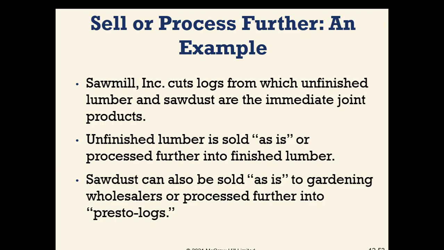For example, Sawmill Inc. cuts logs from which unfinished lumber and sawdust are the immediate joint products. Unfinished lumber is sold as is or processed further into finished lumber. Sawdust can also be sold as is to gardening wholesalers or processed further into Presto logs.